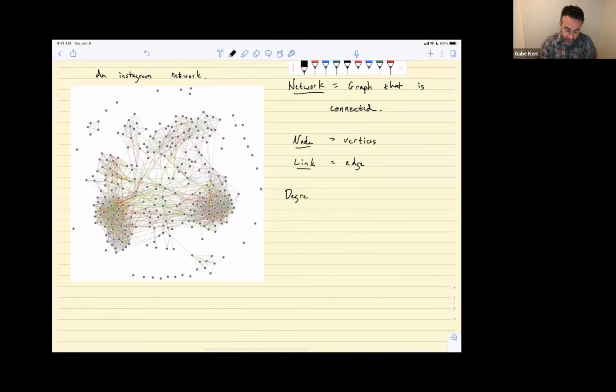This is the same notion, degree of separation or distance. This is going to be between two nodes or vertices. It is the length of the shortest path between two given vertices.